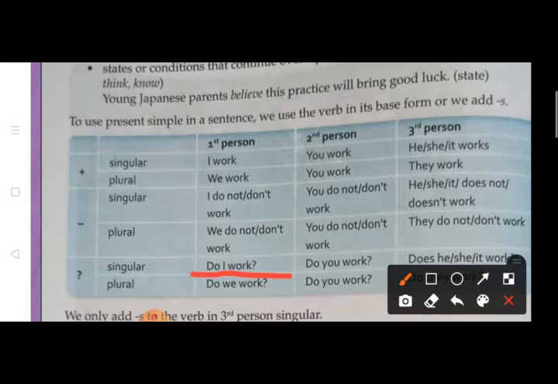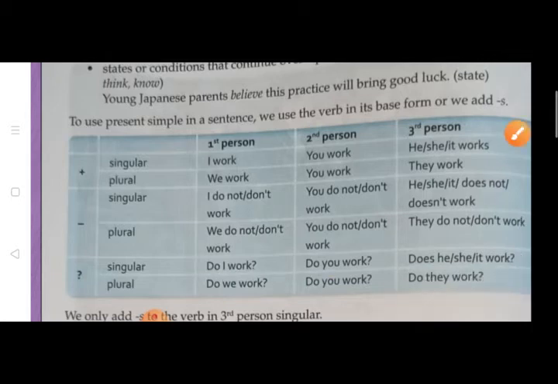So we have added do first, then we wrote a subject and then the action verb. For the second person singular, we make the question, do you work? And for third person singular, does he, she, or it work?